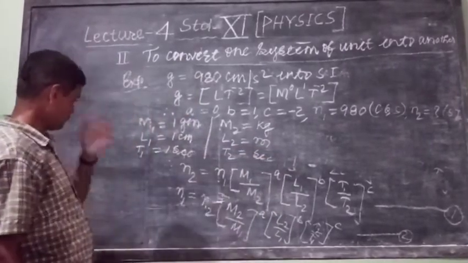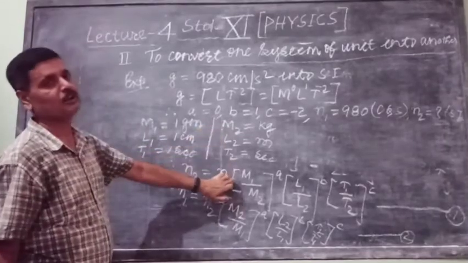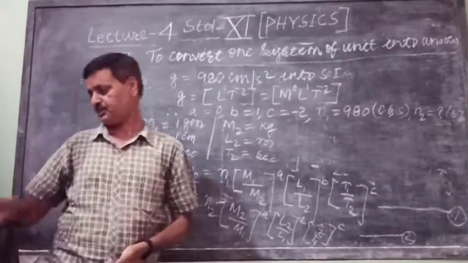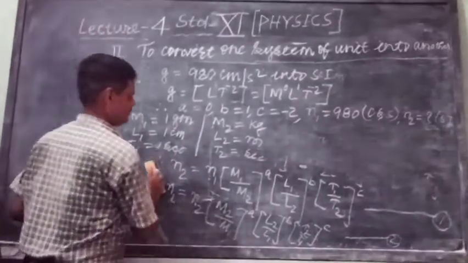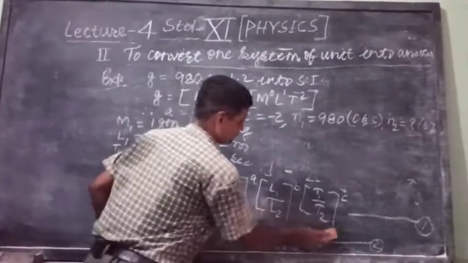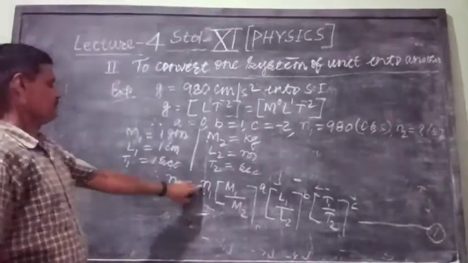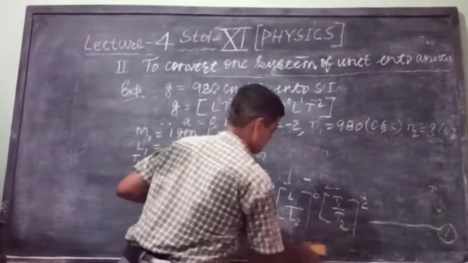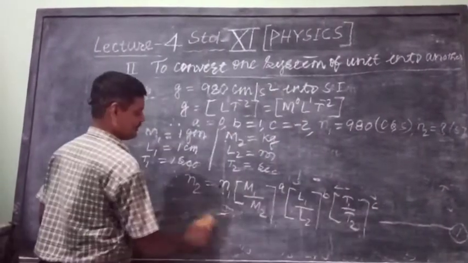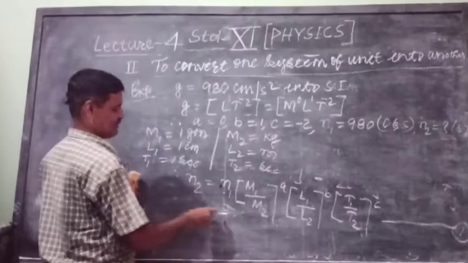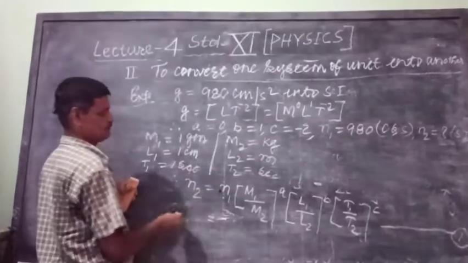Now you have to put these values in equation number 1. This is your ready-made equation, no need for rewriting.